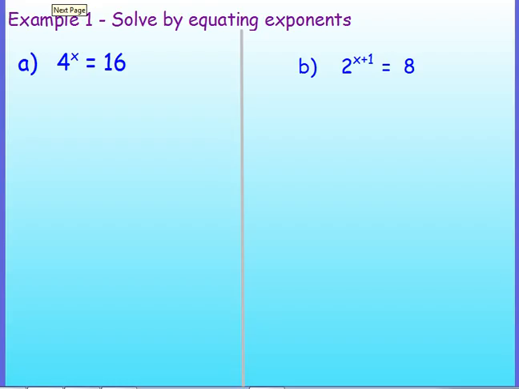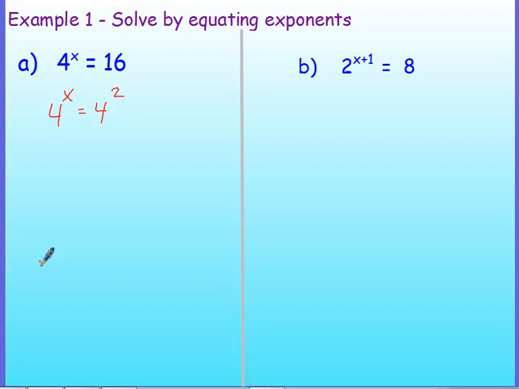So here we go. I have 4 to the x power equals 16. Do you guys remember what we did? You try and rewrite one side, right? Try and rewrite it in the same base. So the question is, 4 to what power is 16? So then I have to rewrite my equation. My equation is now going to say 4 to the x power equals what? 4 squared.